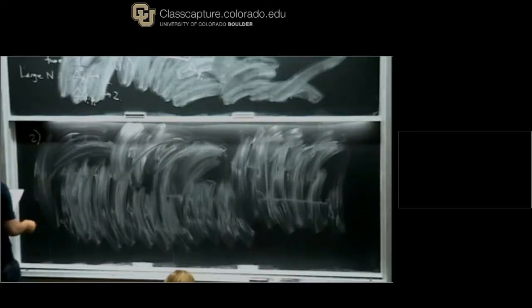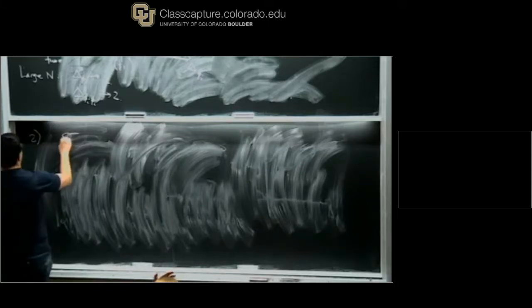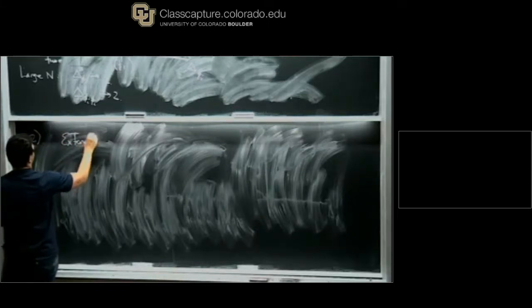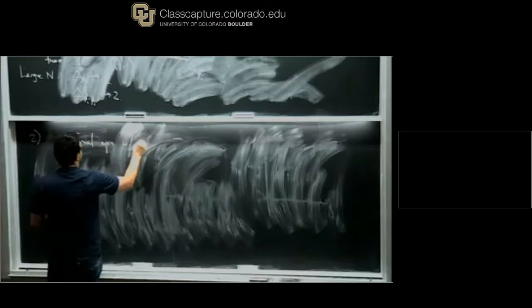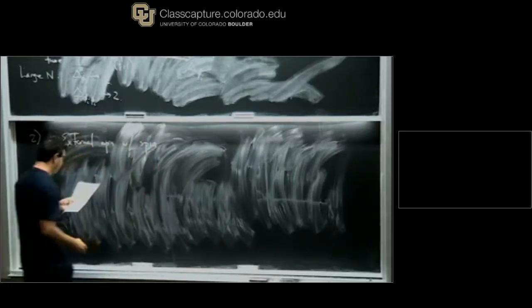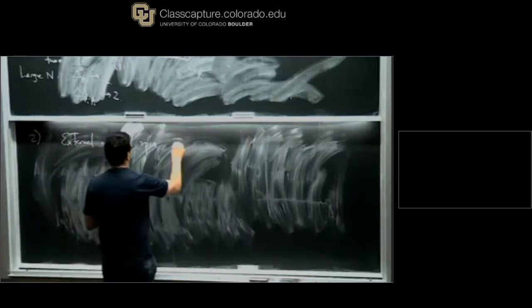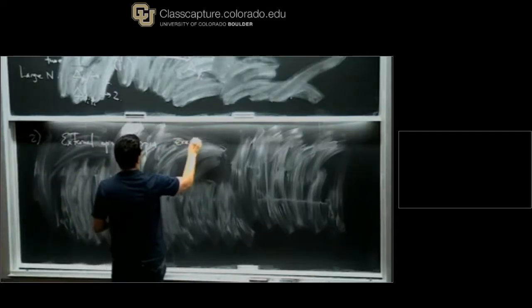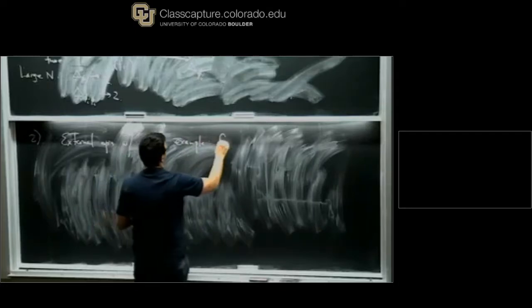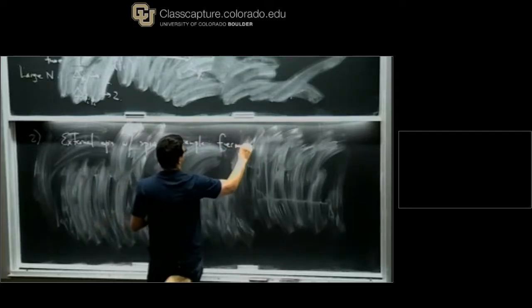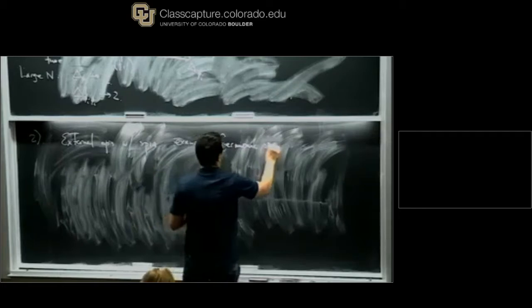So the second generalization would be to external operators with spin. And I'll just do one example. So the example is fermionic operators.